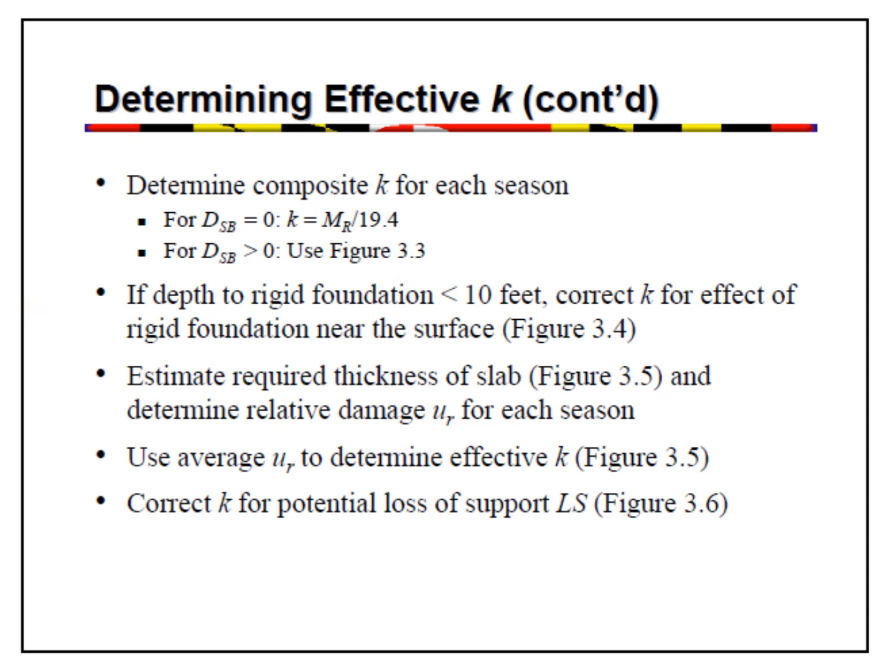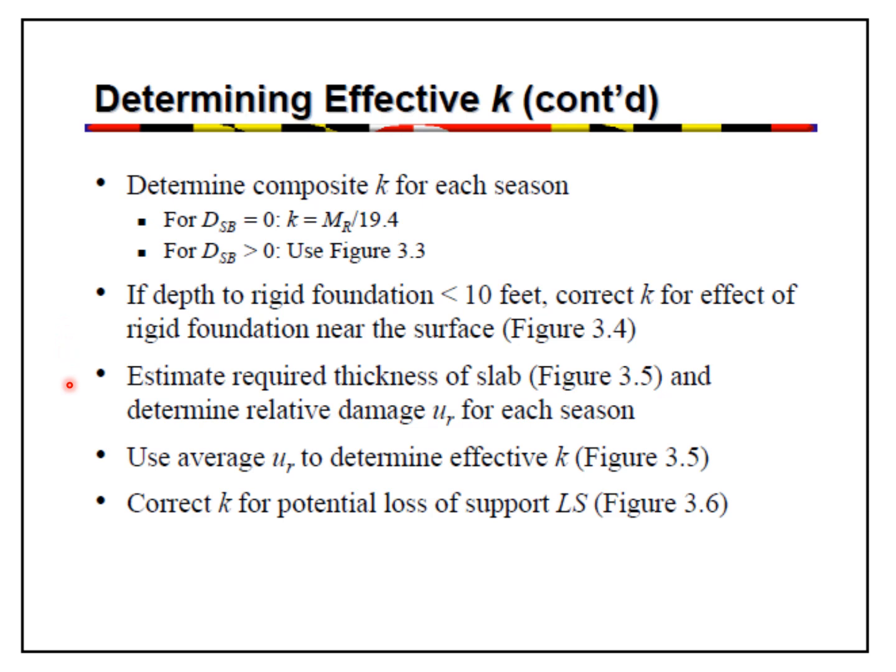If depth to rigid foundation is less than 10 feet, correct K for the effect of rigid foundation near the surface. It means if the depth to rigid foundation is more than 10 feet, then you don't need to apply this correction. But if it is less than 10 feet, then the correction is to be applied with the help of figure 3.4.